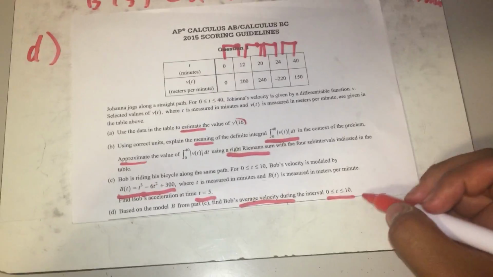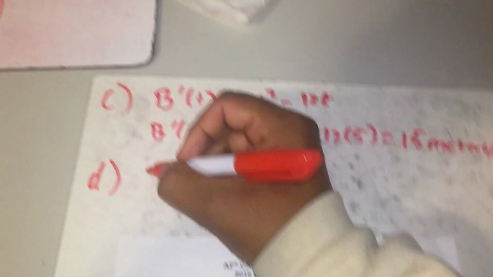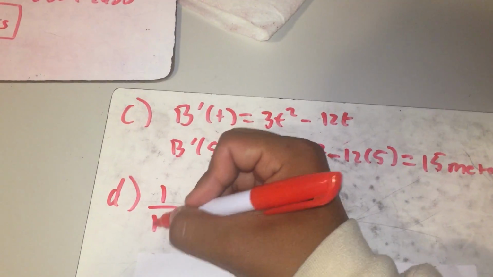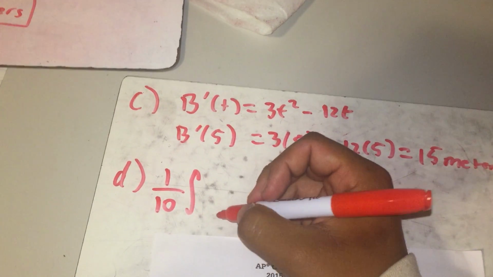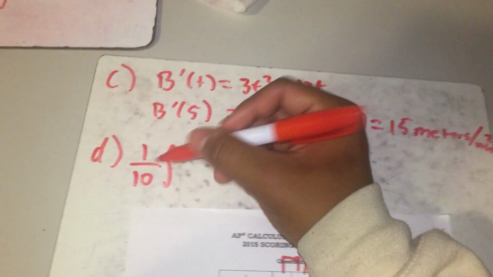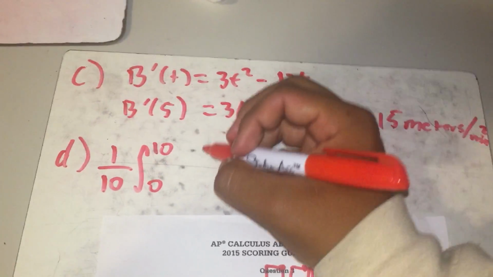Here, the question is asking for the average velocity during the interval of 0 to 10. So, when it's average velocity, we have to have a fraction. So it will be b minus a. In this case, it will be 10 minus 0, so it will be 1 over 10 times the integral over the interval.